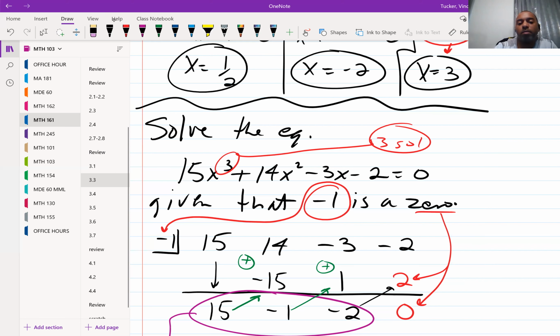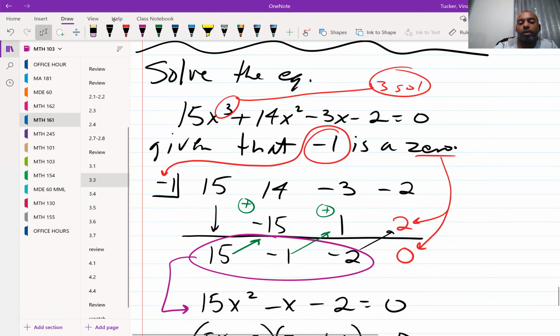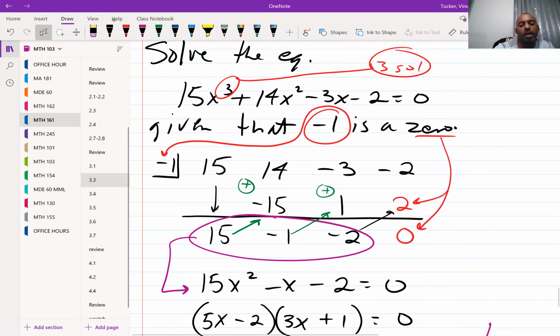All right, any problems? So now we can go ahead and solve 15x squared minus x minus 2 equal to 0.